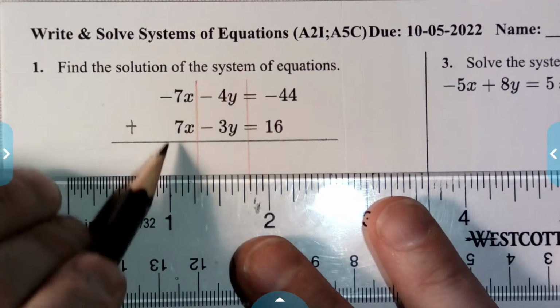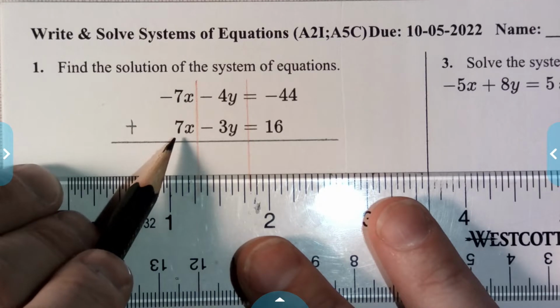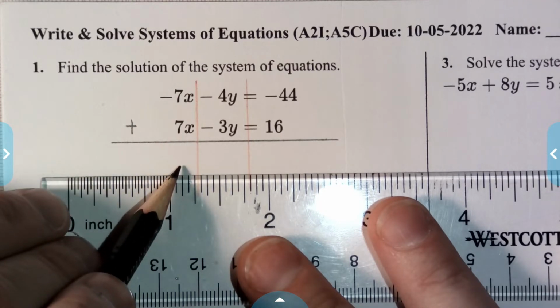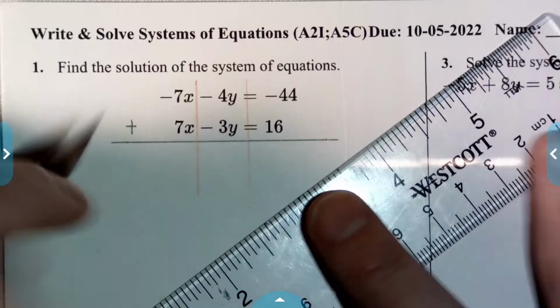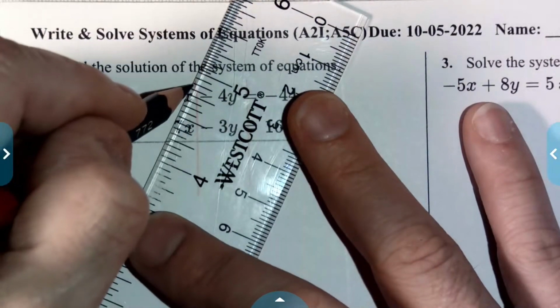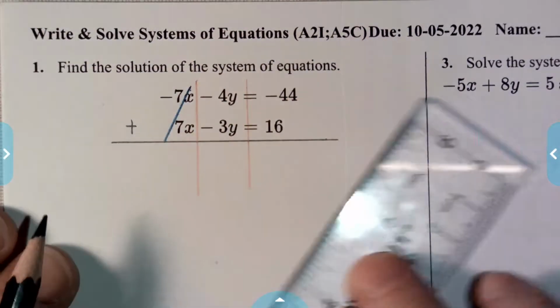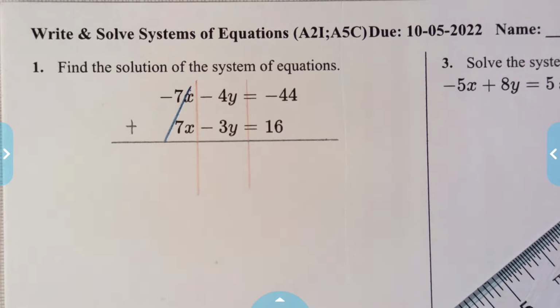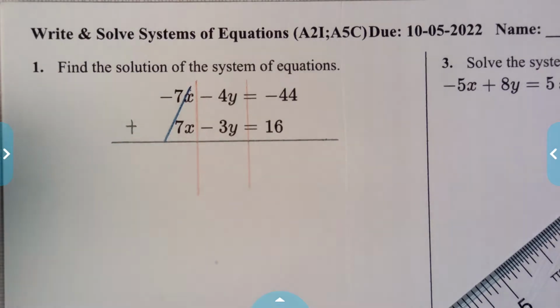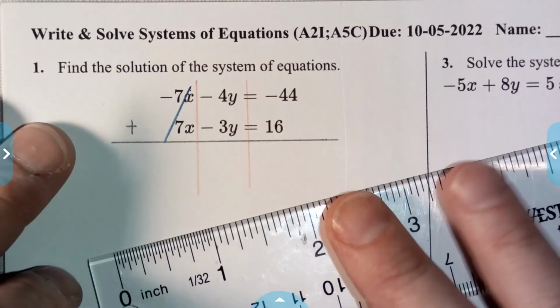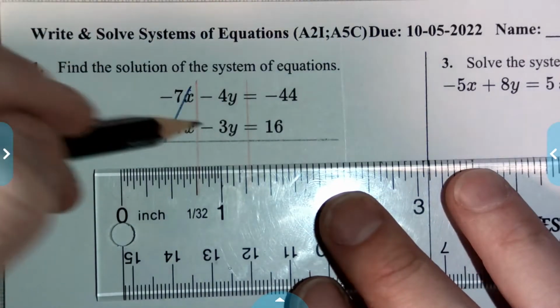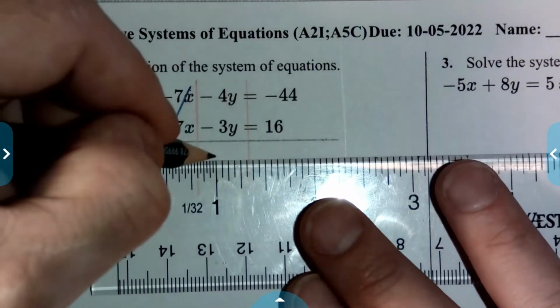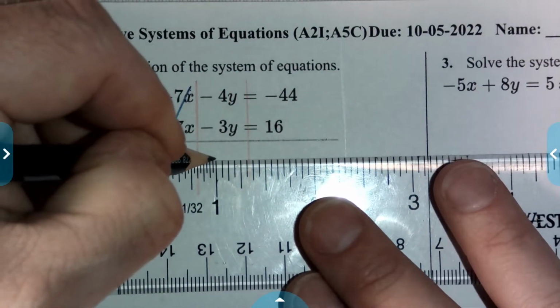You notice that negative 7x plus 7x equals 0. So in a sense, adding them cancels it out. Now I've gotten rid of the x variable, and since I only have one variable, I can solve for the y variable. Well, what's negative 4 plus negative 3? That's going to be negative 7y.